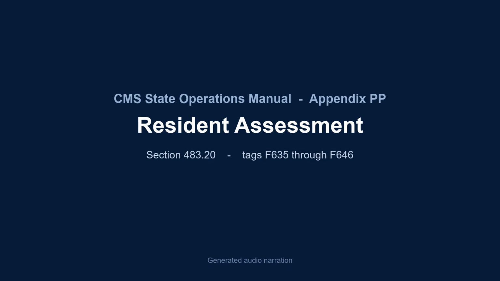A quarterly assessment is considered timely if the assessment reference date (ARD) of the quarterly MDS is within 92 days of the ARD of the most recent OBRA assessment, plus 92 days after the ARD of the previous OBRA assessment (quarterly, admission, annual, significant change in status, significant correction to prior comprehensive or quarterly assessment), and the MDS completion date, item Z0500B, must be no later than 14 days after the ARD plus 14 calendar days.